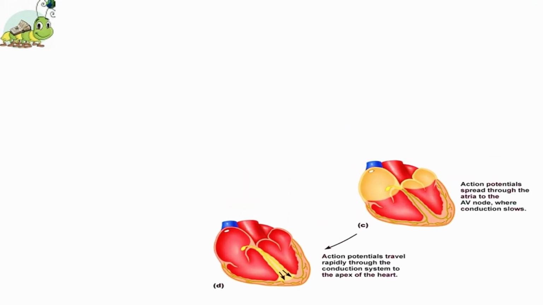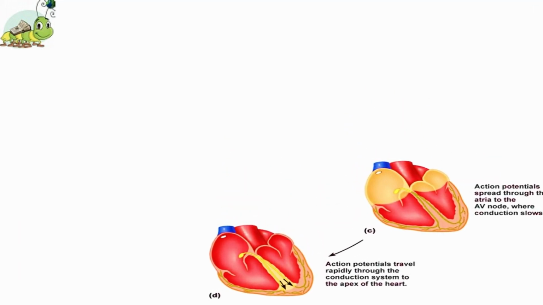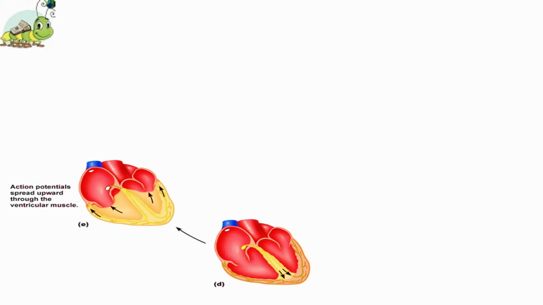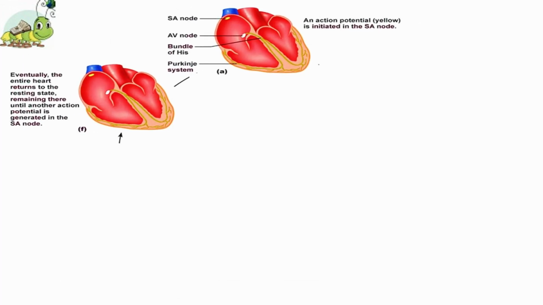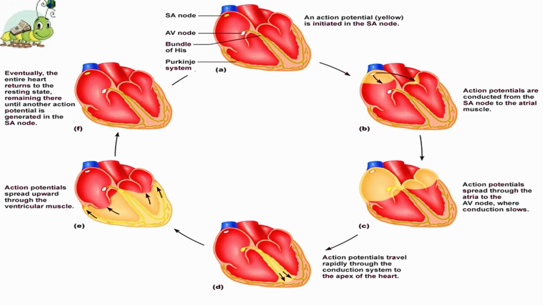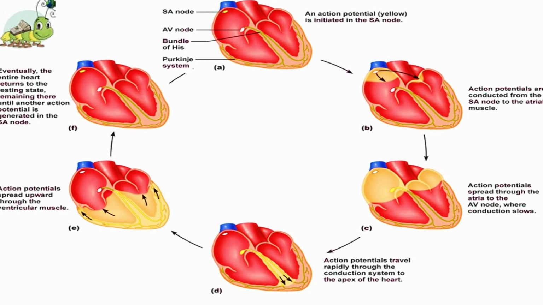The impulse is then carried by way of the AV bundle and the right and left bundle branches to the apex of the heart and then spreads through the walls of the ventricles towards the base of the heart. This enables the heart to pump more efficiently, as the contraction starts at the apex and travels towards the base, where the blood is finally ejected from the ventricles.